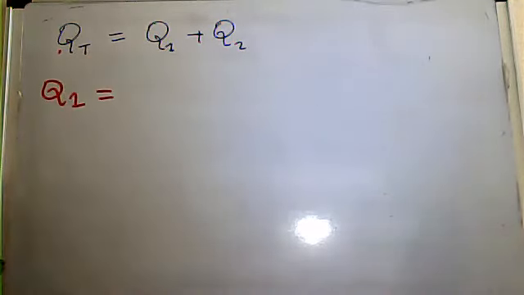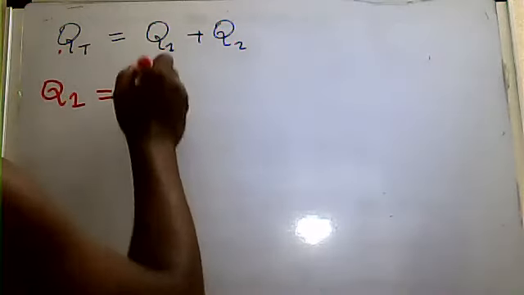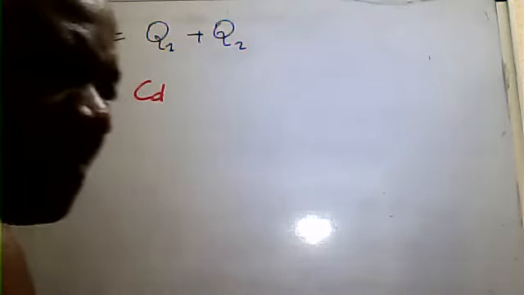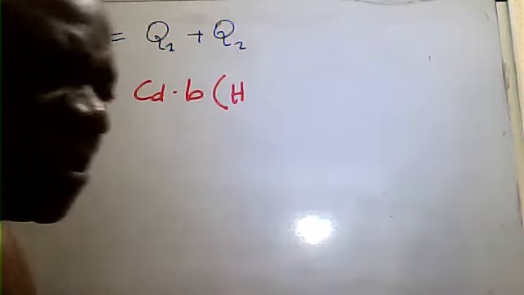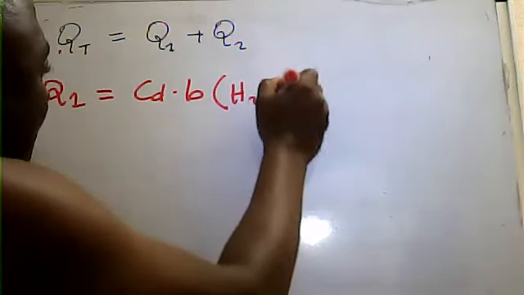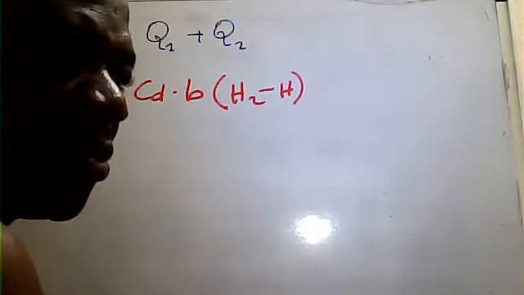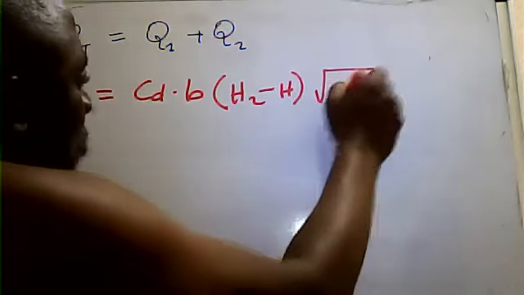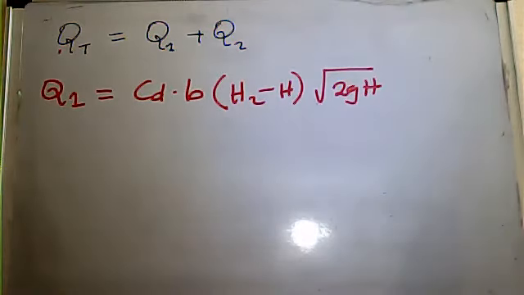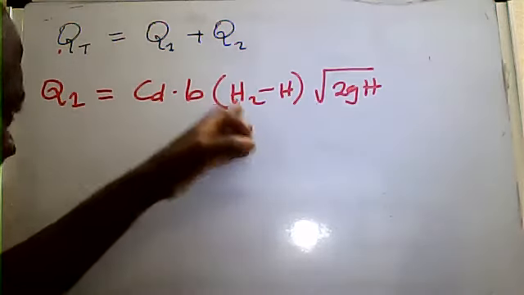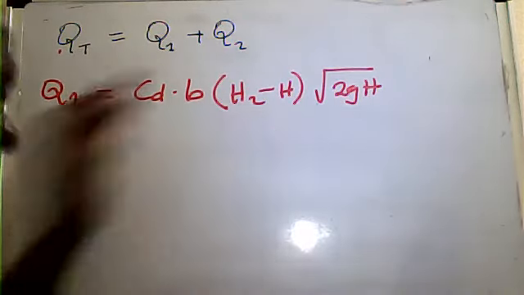So I'll start with Q1. The formula is given by the coefficient of discharge multiplied by the breadth, which is the width, open bracket, H2 minus H, close bracket, the root of 2gH. That's the formula. Your description of H2 and H is very, very important.